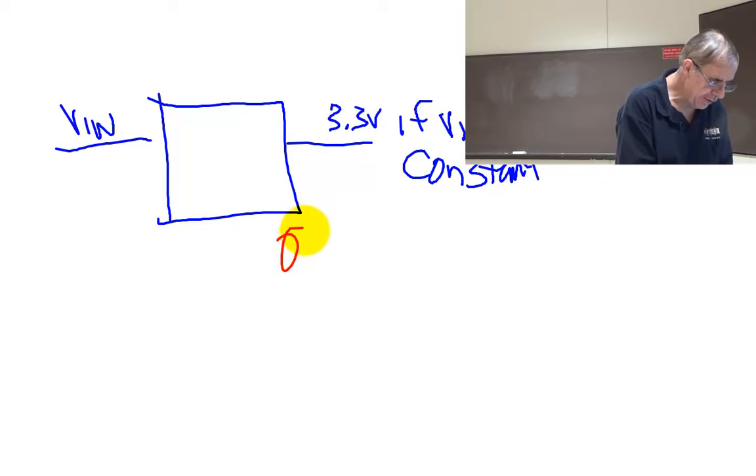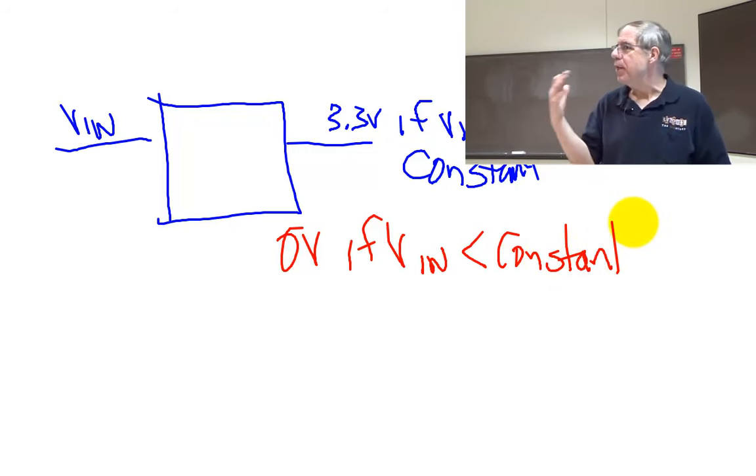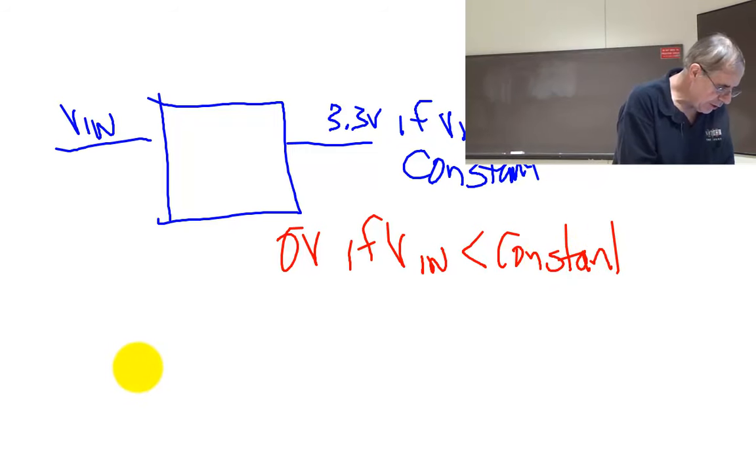And I'm going to have another signal like 0 if Vin is less than that constant. And in order to build this circuit, I'm going to use positive feedback.